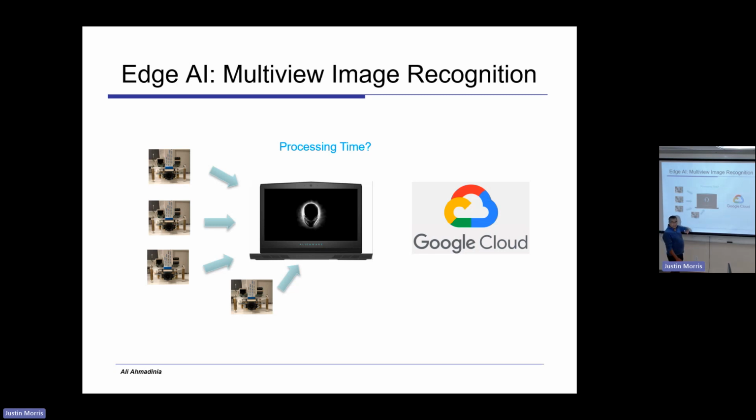I'm not going to go into the details of all of these slides. I want to respect your time, but just to give you an idea, here was a multi-view image recognition. We had multiple cameras grabbing images from different views, and we are using an edge device to do the fusion for us, to provide what type of recognition we can do on the objects that we are looking for.